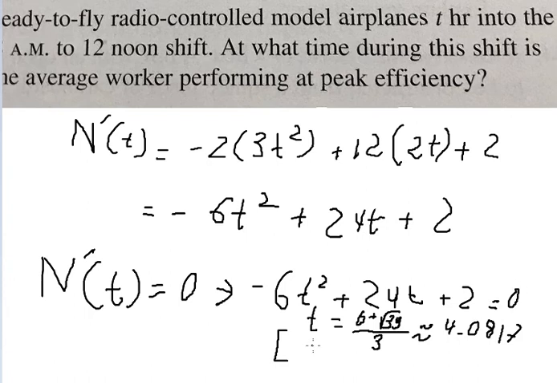And the second one is t equals 6 minus the square root of 39 over 3, which is approximately negative 0.082.